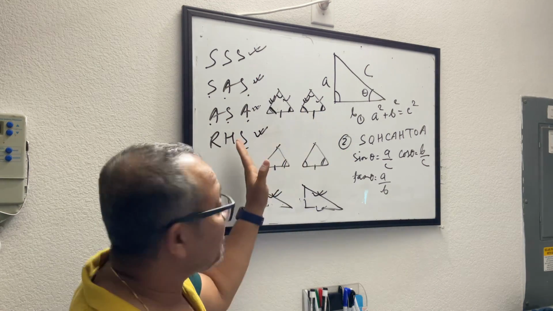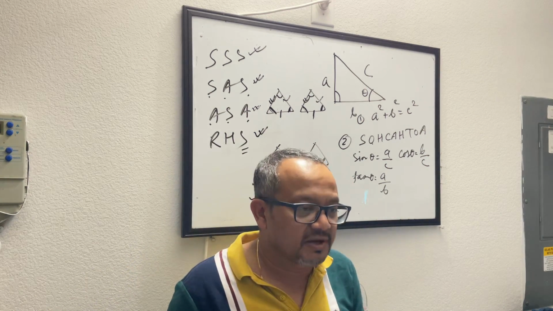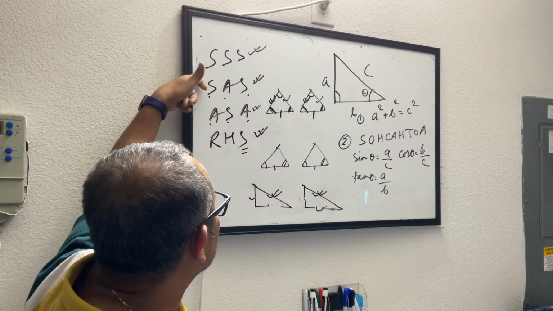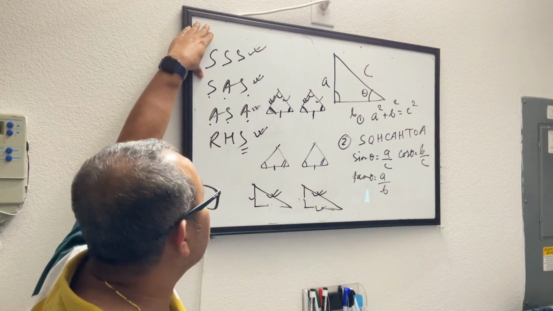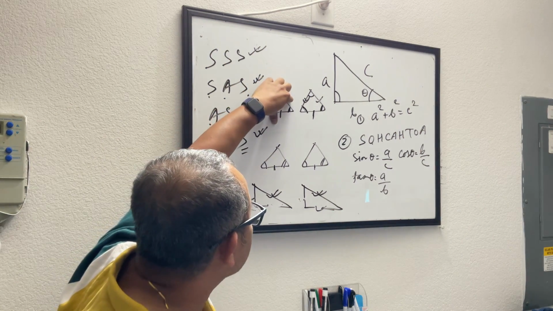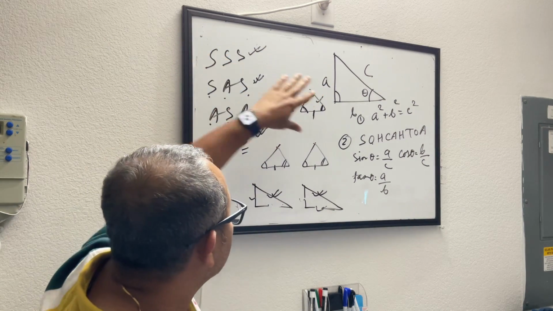And then we are talking about the theorem of congruence of triangles. So there are four theorems that I talked about. SSS, SAS, ASA and RHS. SSS says if there are two triangles where all the sides are matching, meaning all the three sides here have an equivalent side here, then they are congruent.